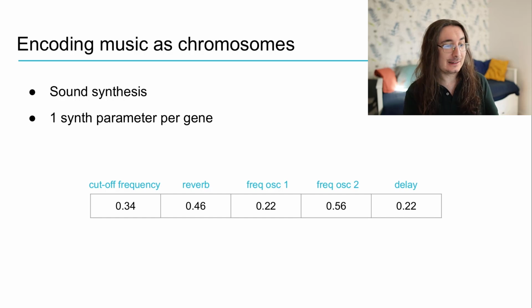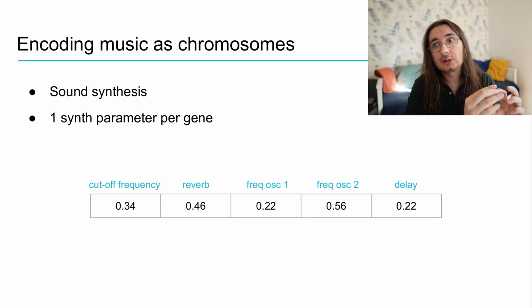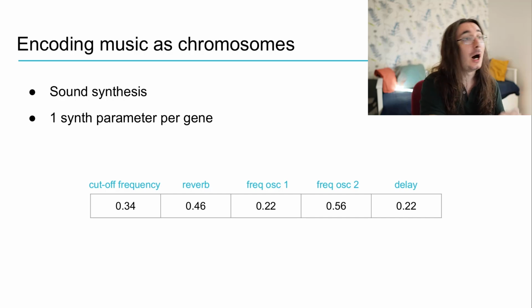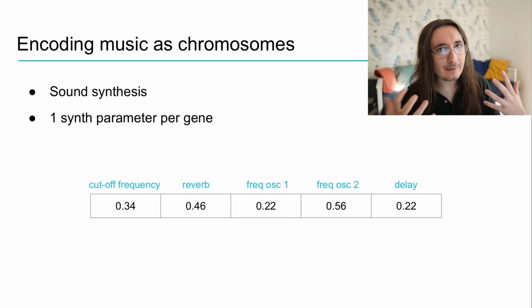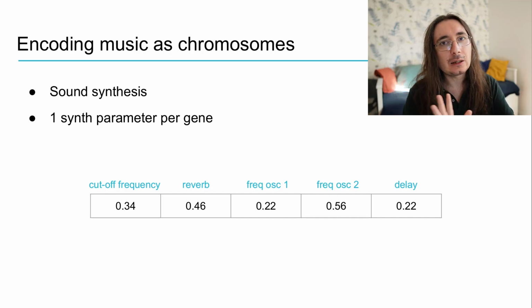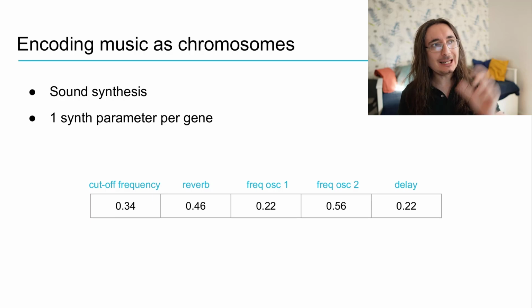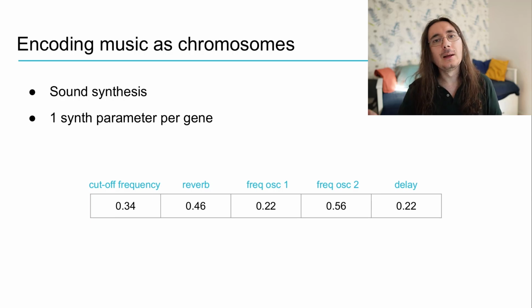And of course, this is a very simplified version of that. Potentially this chromosome could have like 100 genes or even 200 genes, but you get the idea. There's a clear mapping between each gene and one particular parameter of the synthesizer.